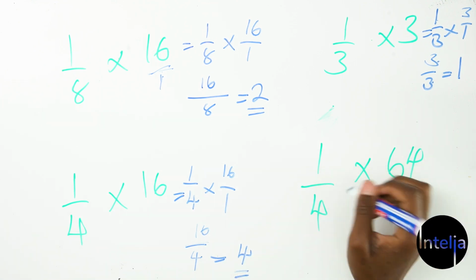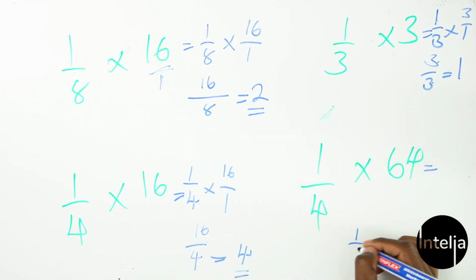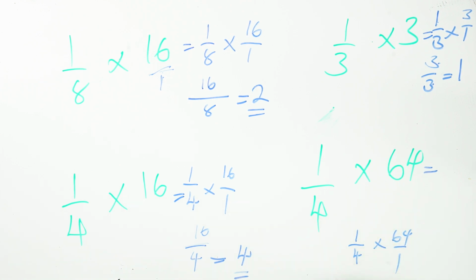And then 1 over 4 times 64 is equal to 1 over 4 times 64 over 1, which is 64 over 4. 4 into 6, that's 1, 2 here. 4 into 24, that's 6. So your answer is 16.